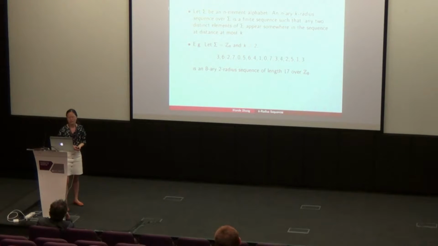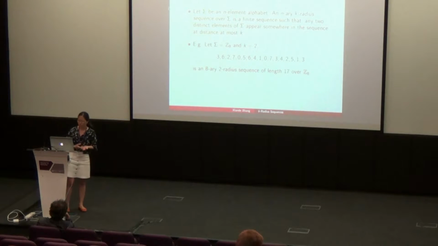You can check this is an 8-ary 2-radial sequence of length 17. You can check some of them. For example, 0, 1 have distance 1, 0, 2 distance 2, 0, 3 distance 2, 0, 4 distance 4, and 0, 5, 0, 6, 0, 7 here. So any pair of distinct elements should appear at distance 1 or 2 in this sequence.